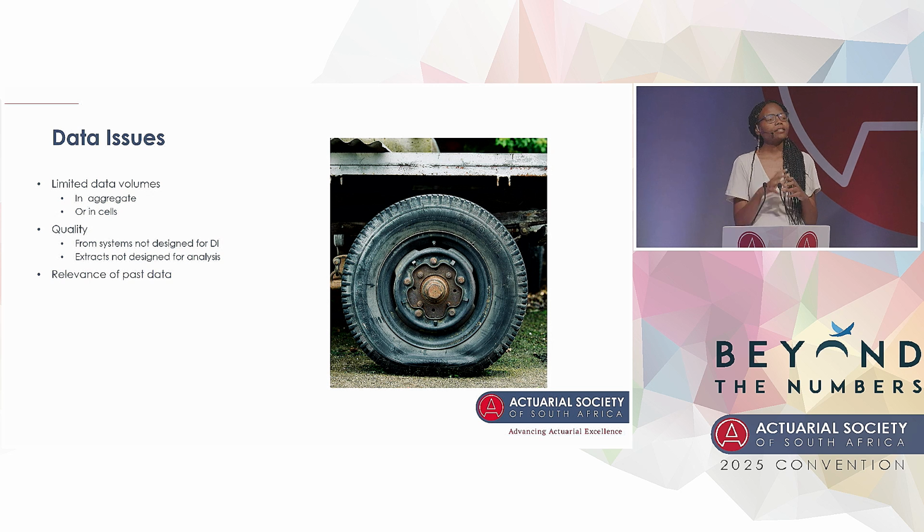Another consideration is the data quality. Many life insurers are selling disability products on systems that weren't originally designed for DI. So extracting and structuring this data in a way that's meaningful and useful for analysis can be quite a technical challenge.